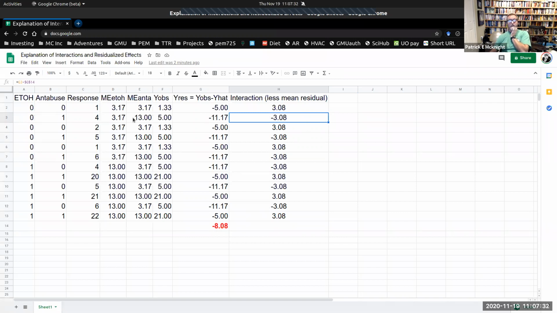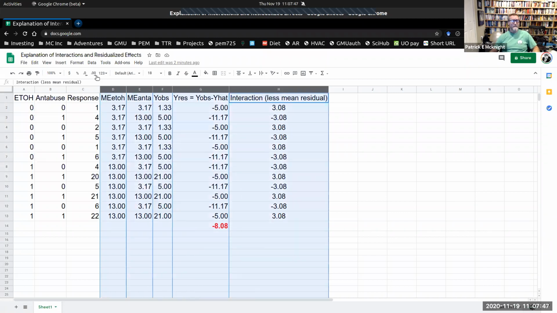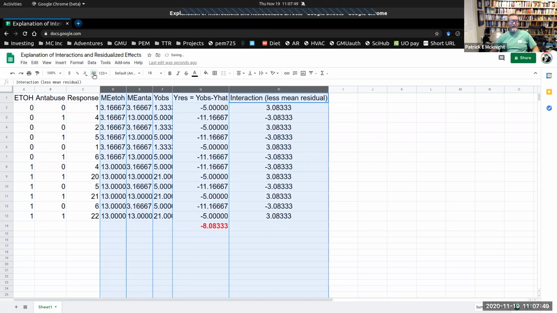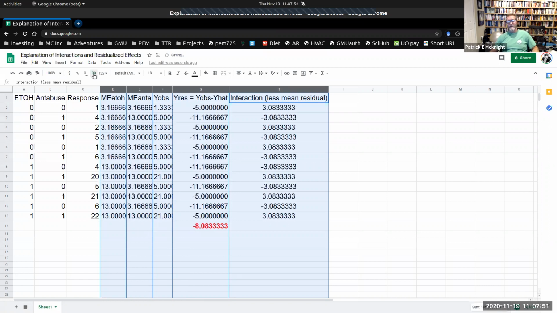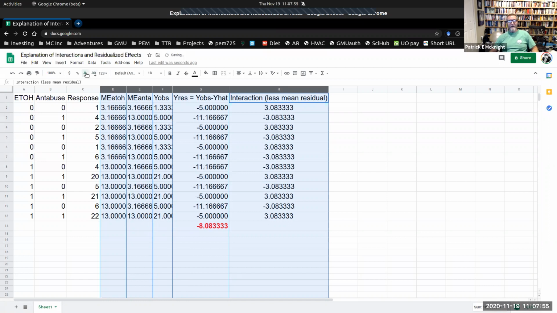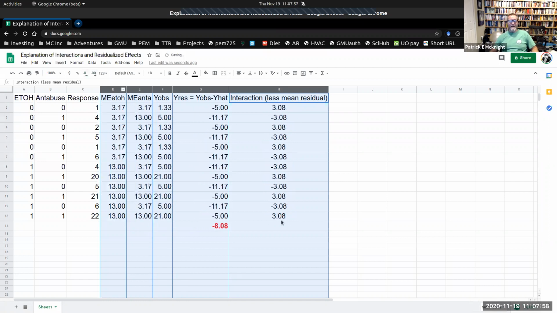And if you just turn these all into positives, you know that 8.08 plus 3.08, these are all rounded. If you want to know what the actual values are, what I can do is I can just simply expand the number of significant digits. And you'll see that the significant digits are indeed what I've said they are. But we're just making it simple.